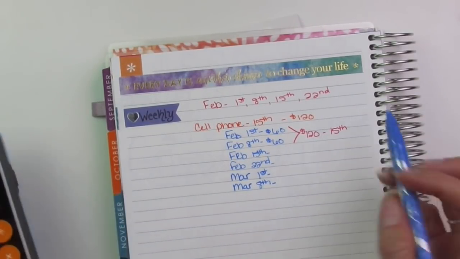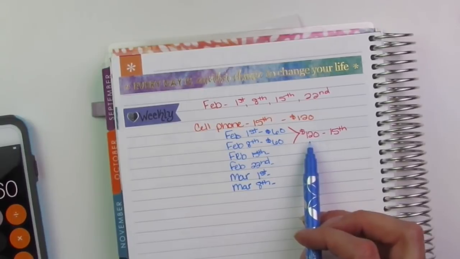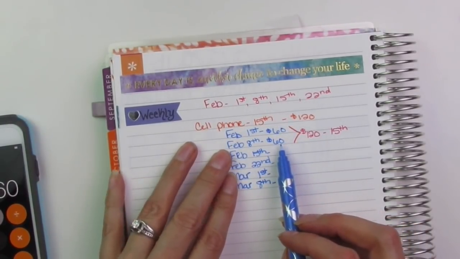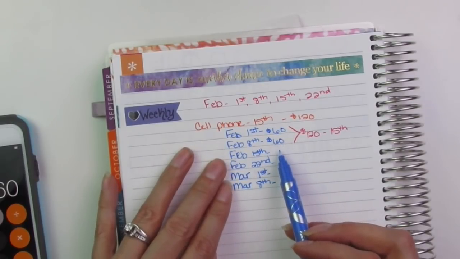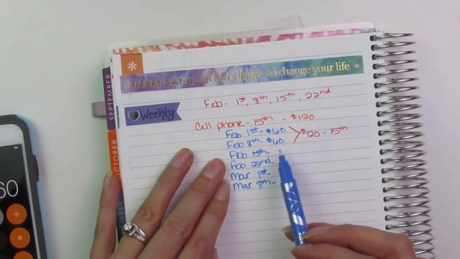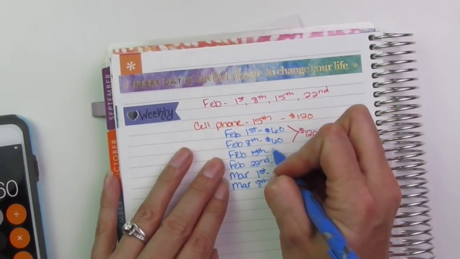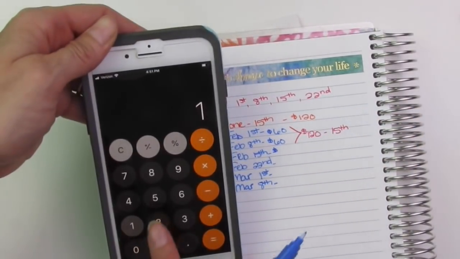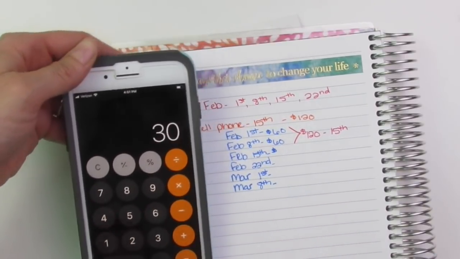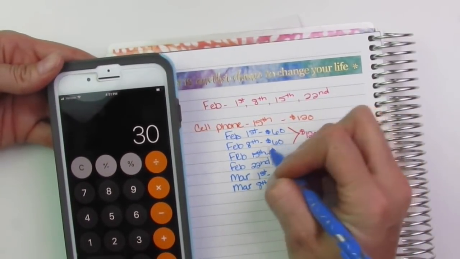Okay, so again, I took out $60 here and $60 here because it was due on the 15th and I only had the 2 paychecks to split it up with. But now that I've paid that, I'm starting over. I'm going to take that $120 and now divide it by 4 because I now have 4 paychecks to split it up with.